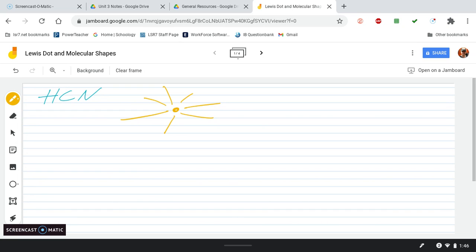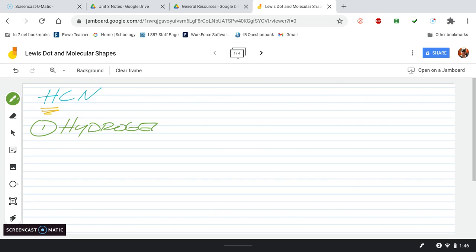So what is the central atom in this situation? The central atom is normally listed first, so it's normally the first element. In this case, it would be hydrogen, but hydrogen is going to be a problem today. First thing we want to remember is that hydrogen cannot be a central atom.